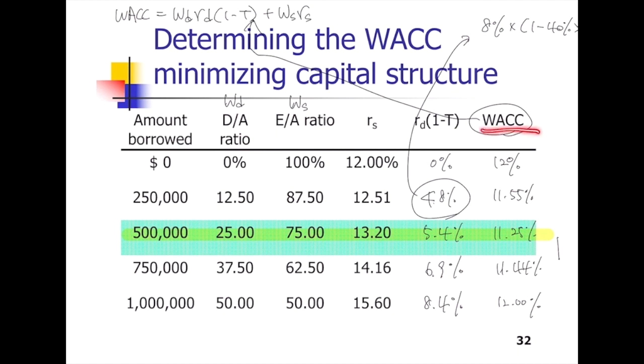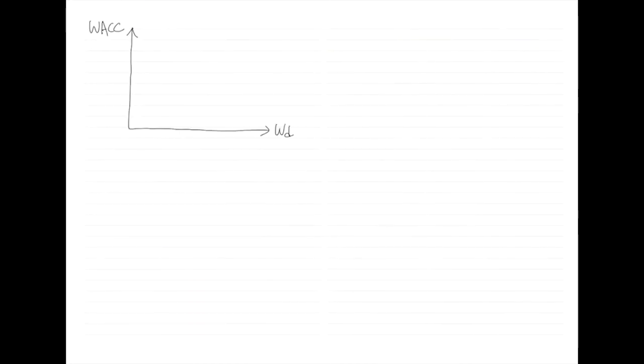In this case, WACC is 12%, but after that, the firm uses some debt, the equity to asset ratio decreases, and the weighted average cost of capital also decreases. It decreases to some optimal point, and then it increases. So we get a U-shaped graph. This is 25%.